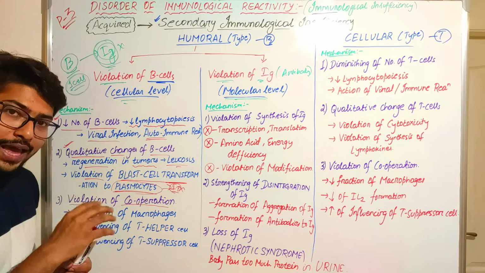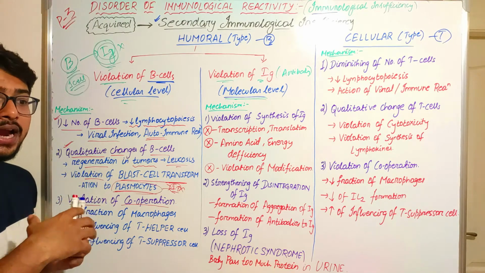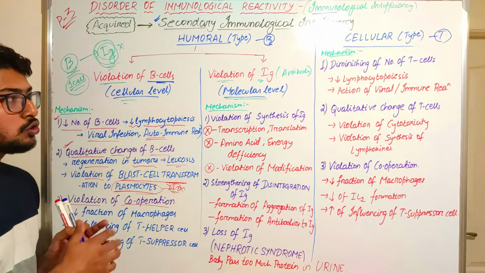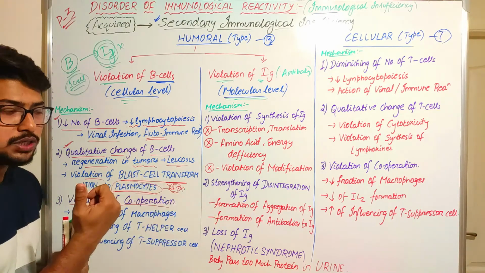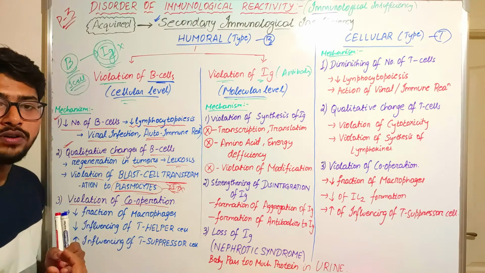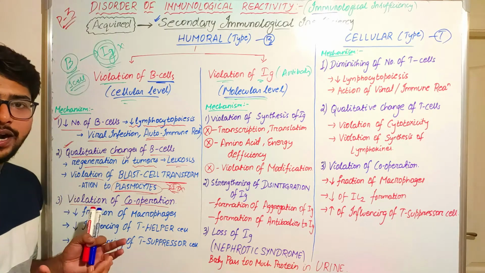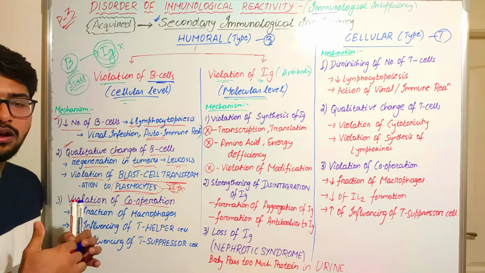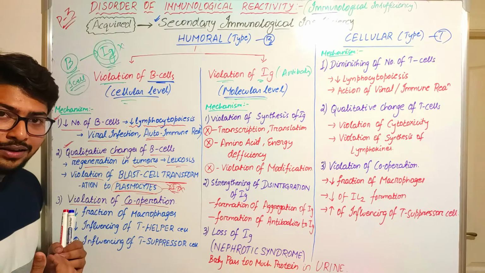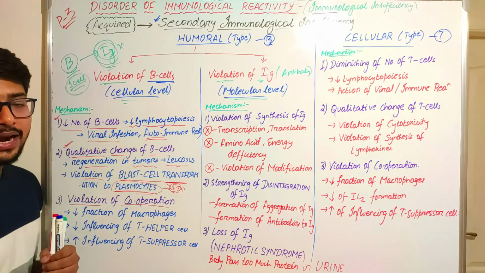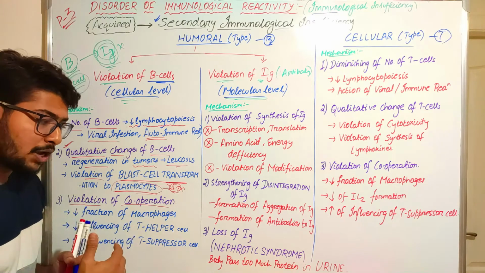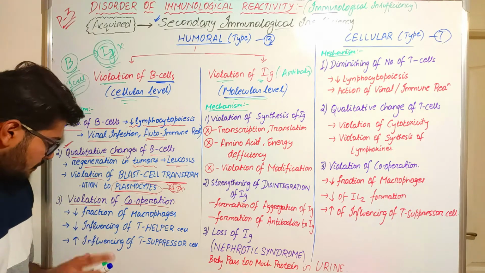They help in reception of antigens, and they analyze and present the antigens to B lymphocytes or T lymphocytes. If there is a decrease in the number of macrophages, the macrophages will not identify the antigens coming into our blood. So how will the B cells react unless the antigen is presented by the macrophages? This is the first thing.